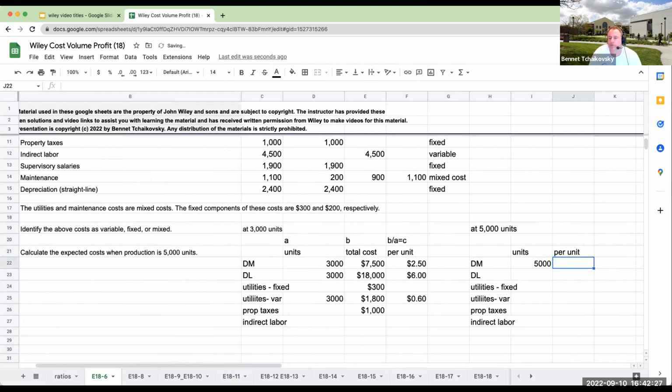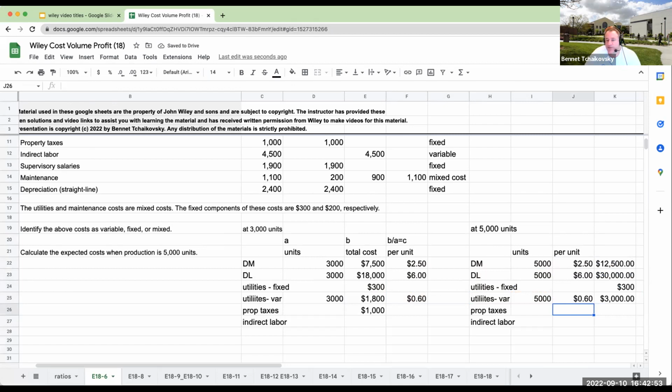My per unit is $2.50, so this is going to cost us 12,500. For my direct labor, my per unit is $6, so this is going to cost us $30,000. My utilities fixed are not going to be changing. My utilities variable are going to be 5,000 at 60 cents per unit, or $3,000.